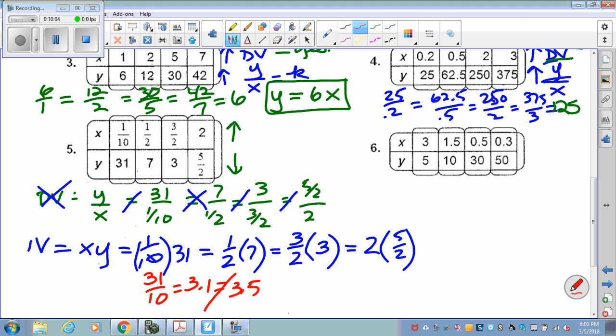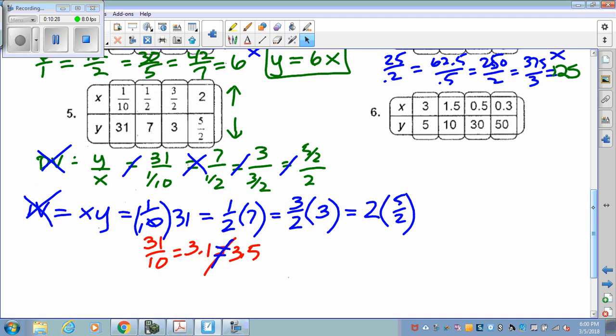And they are not equal. An equal sign with a slash through it means not equal. So I know that it is not an inverse variation. And then you would do the same thing to check for 6. So go ahead and check it out, and we will come by and see how you did.